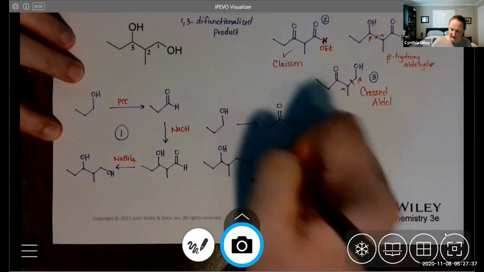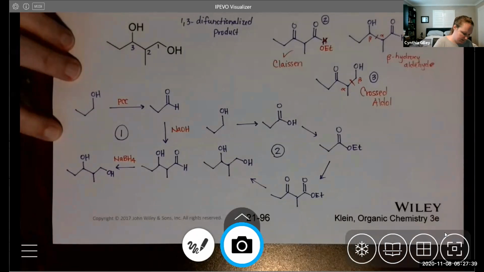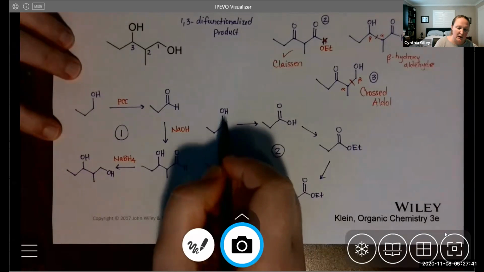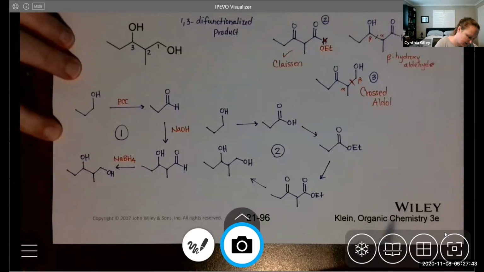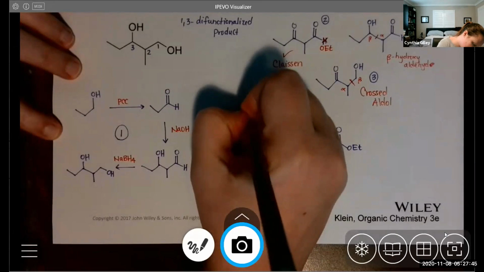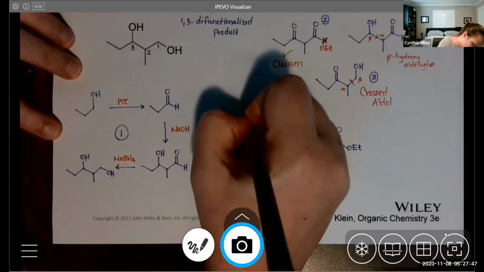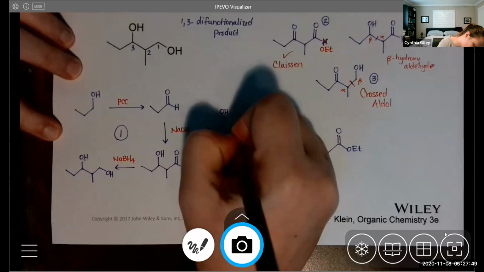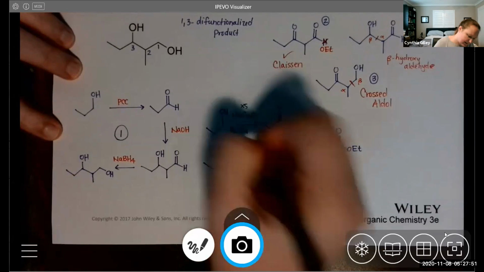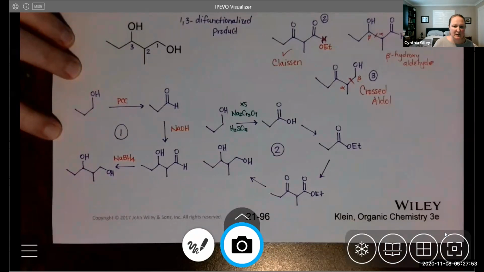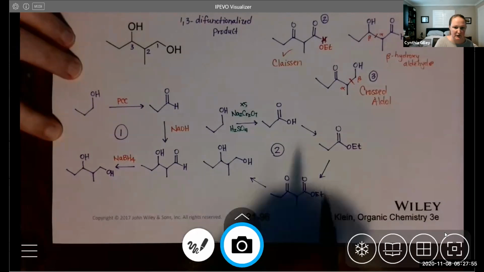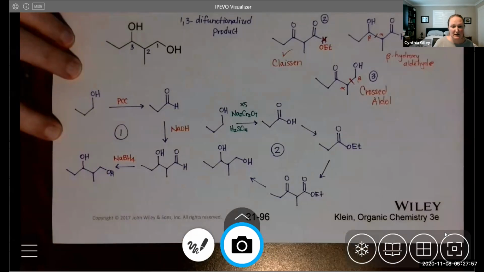Let's go ahead and add in the reagents for that. So oxidation of a primary alcohol to carboxylic acid, you need excess sodium dichromate. To convert a carboxylic acid to an ester, that was done over in the previous chapter. There's 2 ways to do it.